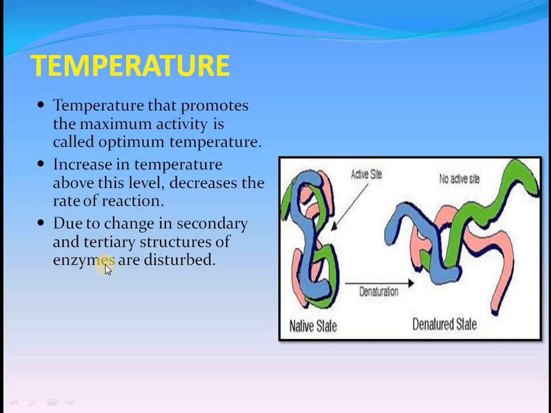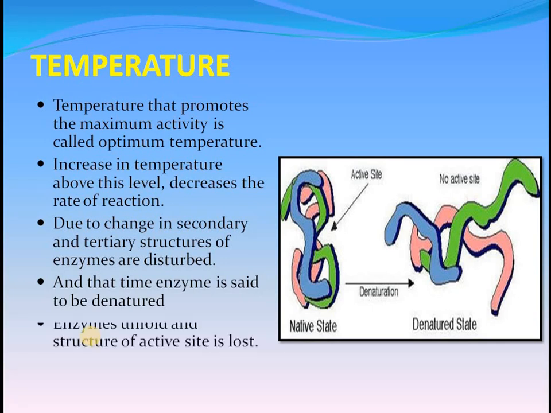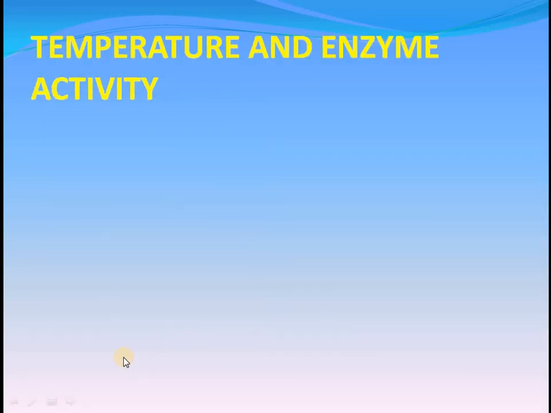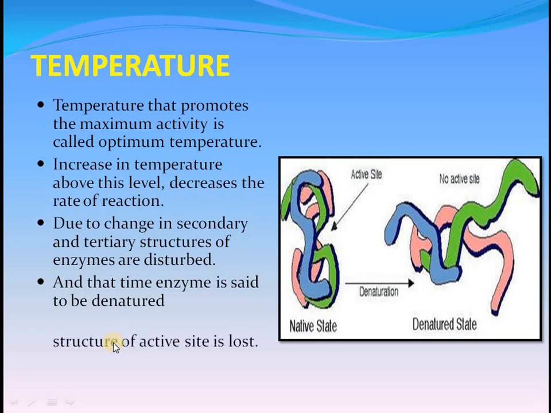Basically, these are the structural conformation of protein, or you can say the pattern of formation of protein. And at that time the enzyme is said to be denatured. At that time the enzyme will be denatured, means it takes away or alters the natural qualities of that specific enzyme. Enzymes unfold and the structure of the active site is lost.